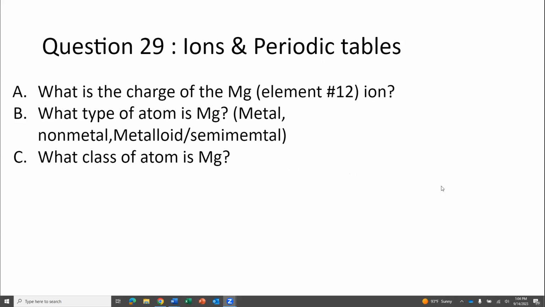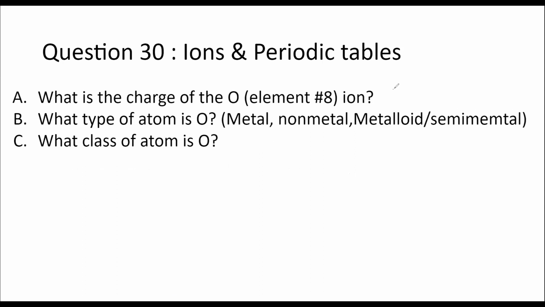So oxygen. What is the charge of oxygen? That will be -2. Oxygen is a non-metal. It's on the right-hand side. What class of oxygen? Not given. All right, we didn't talk about that. So if it's an element that I don't give you that falls outside, we're not going to worry about what the name of those elements is. Only the 4 I talked about.